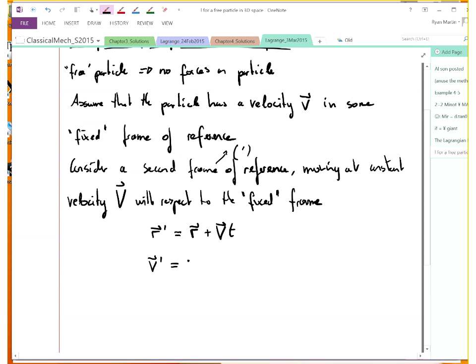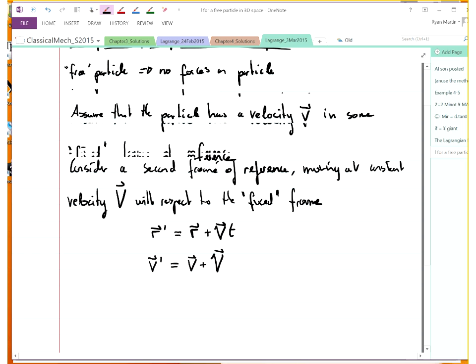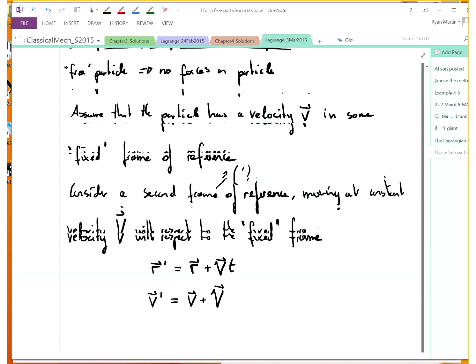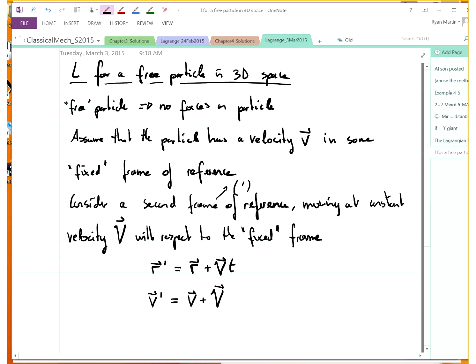And similarly, if you measure the velocity of the particle, v prime, you're going to take the time derivative with respect to t, and you're going to get lowercase v plus capital V. Maybe I'll put a little knob on the top of the capital V's, so that it's clear that they're capital V's.